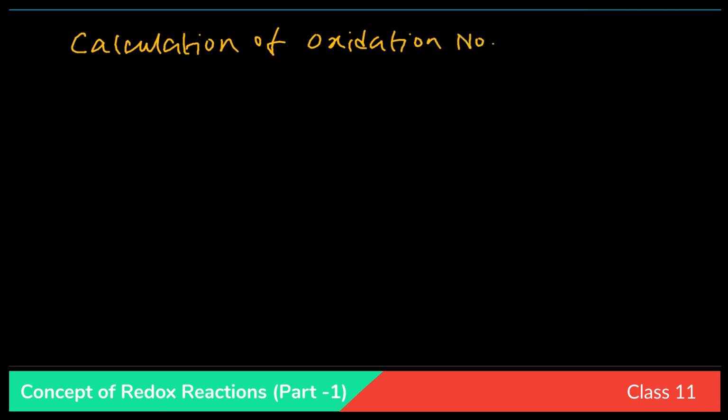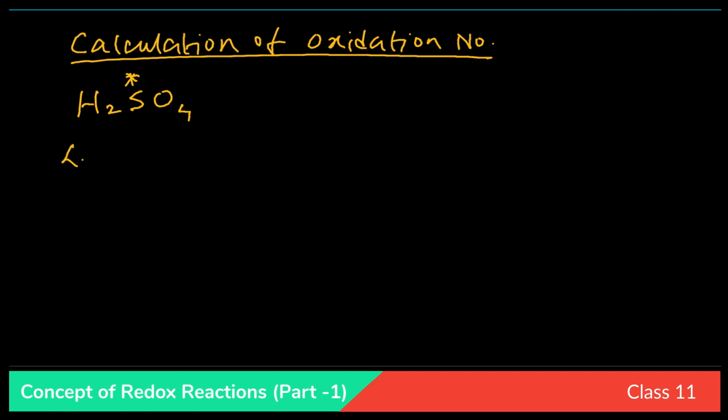Suppose you are given a compound, say H2SO4. You are to determine the oxidation number of sulfur. So how will you determine that? For that, we first have to consider the oxidation number of sulfur to be X. Now in H2SO4, we all know that the oxidation number of hydrogen will be +1.